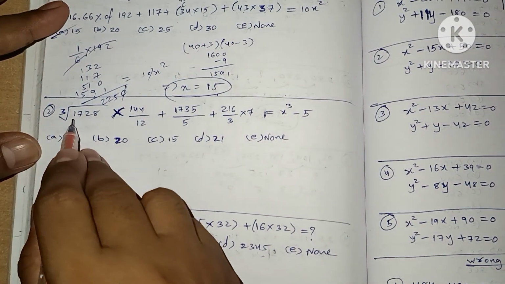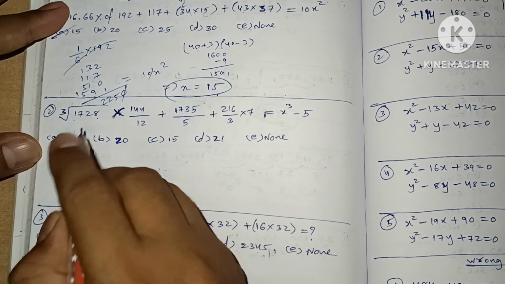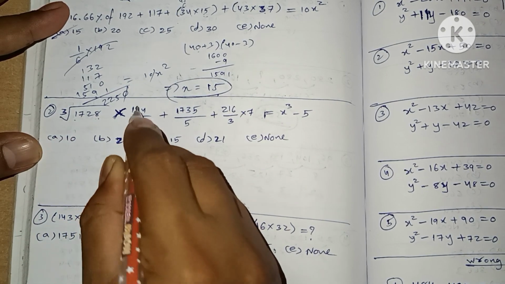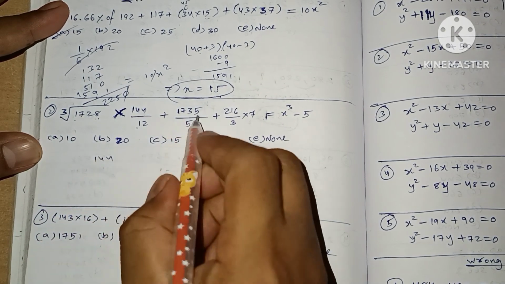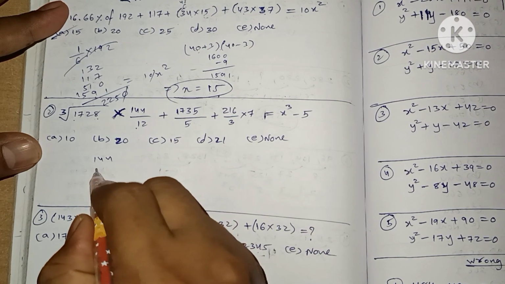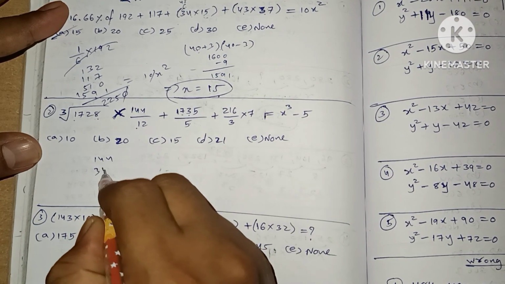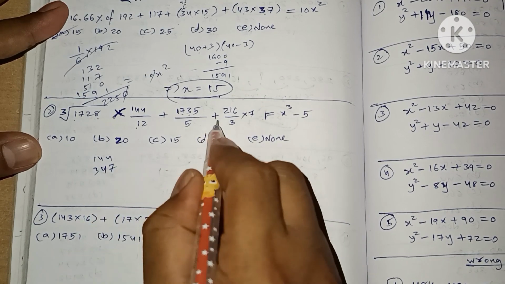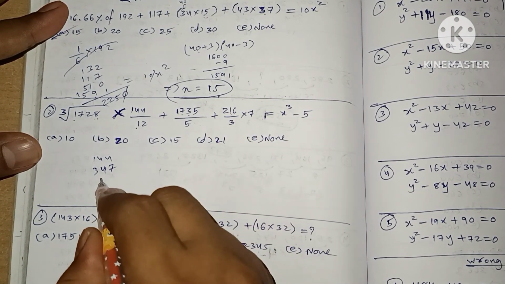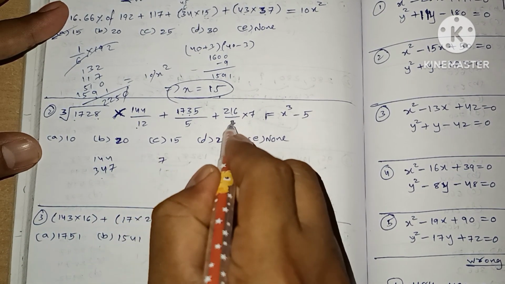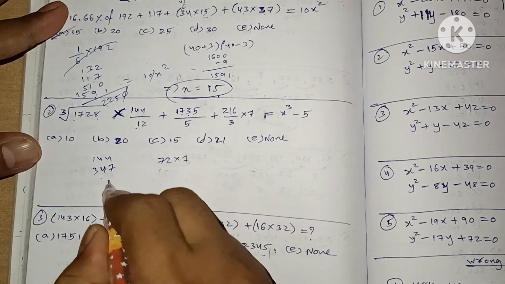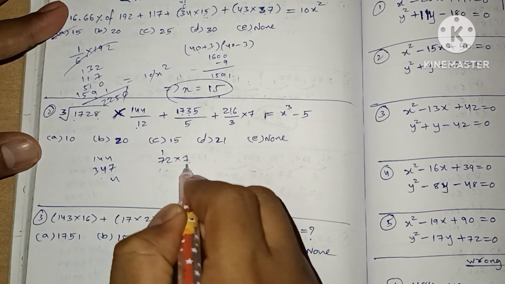Next, this one, 1728 under cube root, which is the value of 12. 12 and 12 cancel, so we are left with 144. 5, 3 times 15, we are left with 23, means 4 times 20 and 7 times, plus 3, 7 times 21 and 2 times into 7. 7 2 times is 14, 7 times 49, 50.